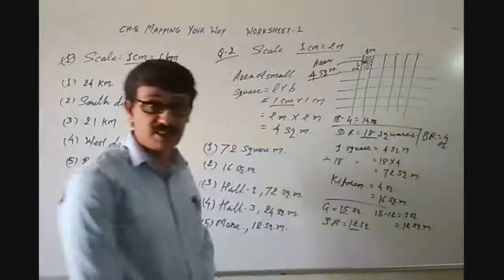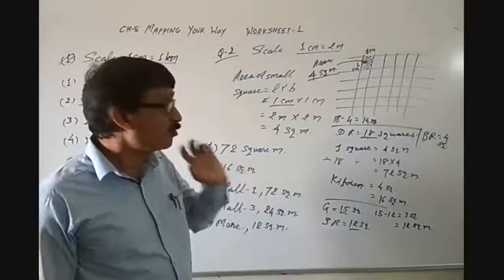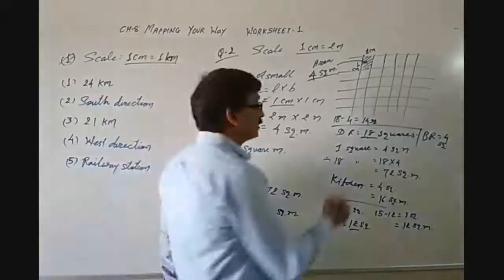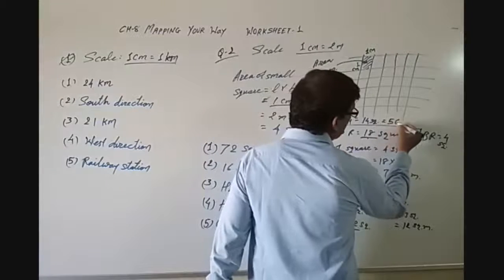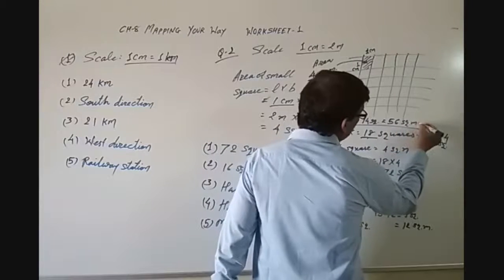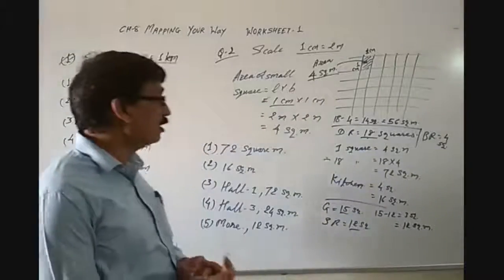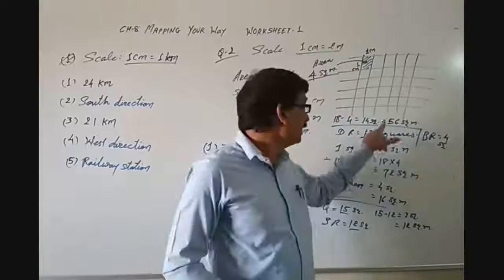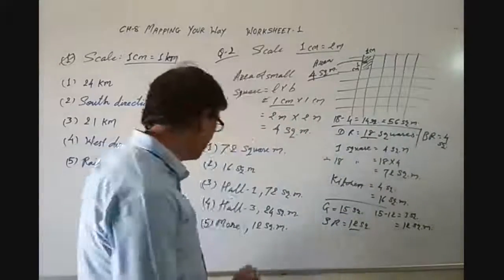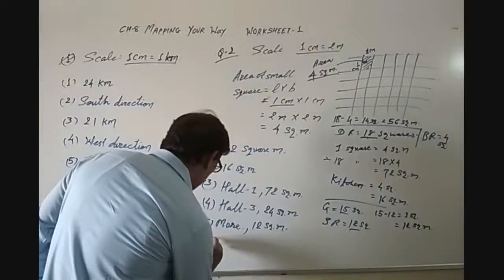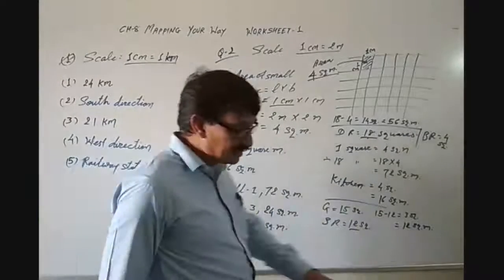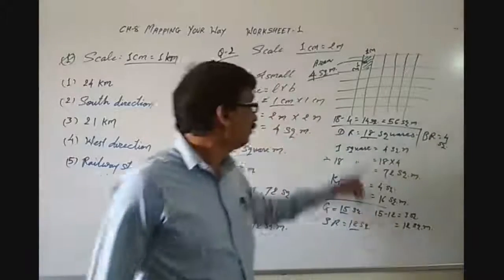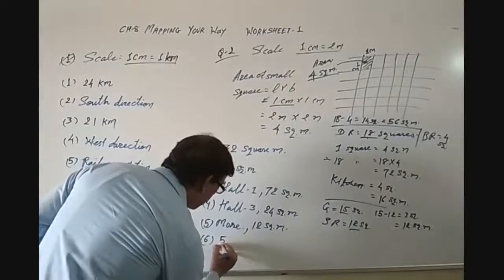The area of 14 squares is 14 fours, which are 56 square meter. So the sixth one, how much more is the area of the drawing room than the bathroom? It is 56 square meter.